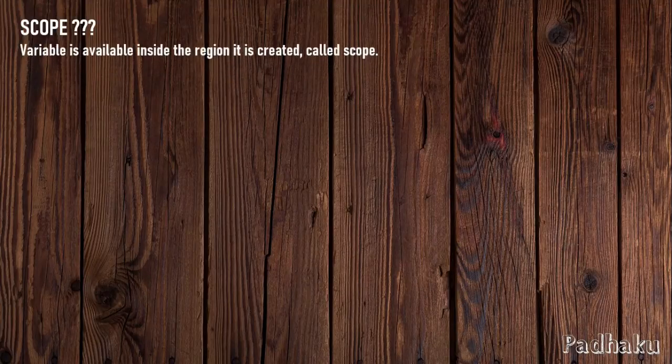Okay, let's move to the topic of the day, which is scope. The question that comes to mind is, what is scope? The scope of a variable is its availability inside the region in which it is created. What does it mean? It means if we create any variable, there are some restrictions and limitations on that variable.